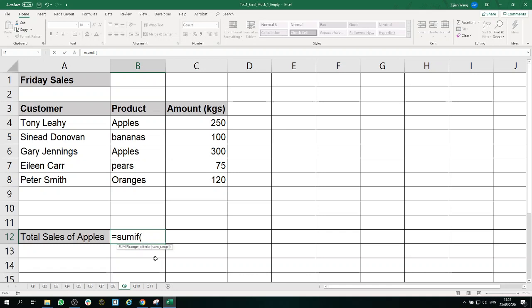And if you can read the criteria here, the arguments here, first you need to have the range, where to find your keywords. Is this range here? Not really, because this is what we want to have all those numbers adding up. But the criteria range should be here. This is where we look for apples. And the criteria, remember the quotation marks, the criteria here is apples.